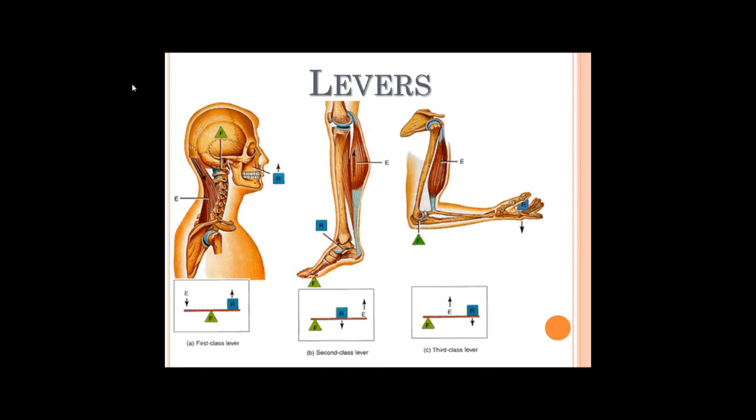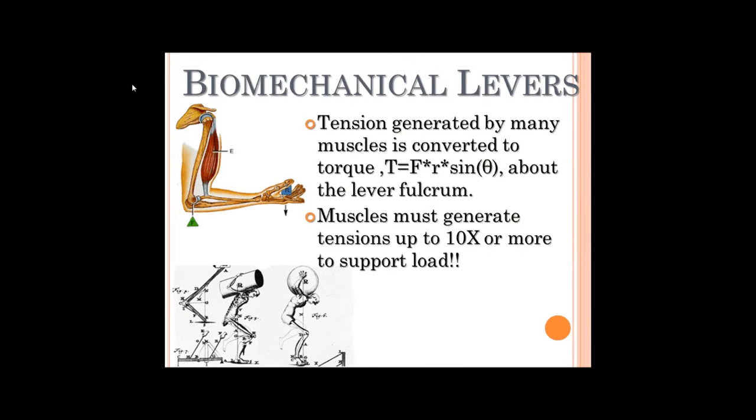Now what's interesting about biomechanical levers is that the tension that's generated by the muscles isn't actually used directly. In fact, it's converted to torque, which allows the lever arm, in this case the forearm, to pivot about its fulcrum, in this case the elbow. Now because of this, the lever arm is able to exhibit a far range of motion.